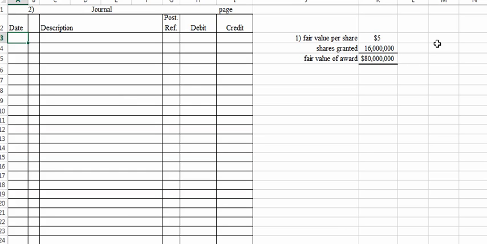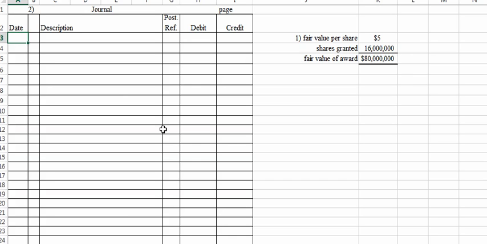Let's look at number two. Prepare the appropriate journal entries related to the restricted stock through December 31, 2017. Okay, you guys, this $80 million is going to be compensation expense, just like pay to these vice presidents, right? So we're going to recognize it as it's earned by the vice presidents.